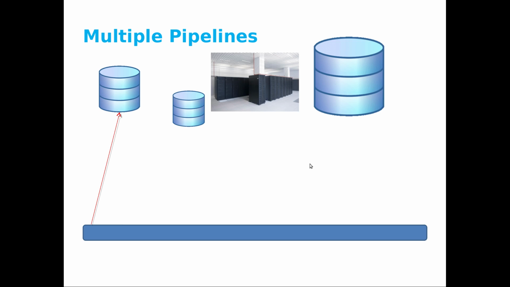How does a multiple pipeline work? A multiple pipeline, as I told you before, is a pipeline that generates other pipelines, and it looks at the data it has, and then the pipeline it generates will be a job on one of the computers in the supercomputer. Now, what happens here? Here you have types of data. Here you have some data, there you have some data, and there. And the pipeline runs.